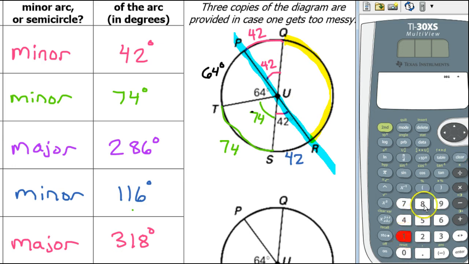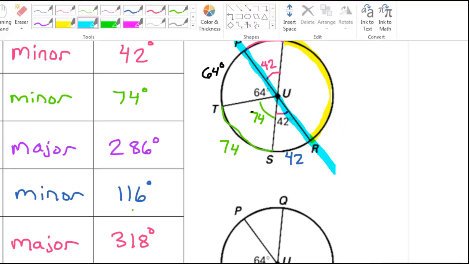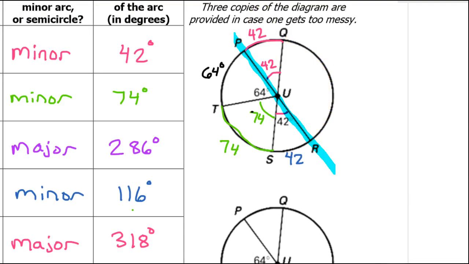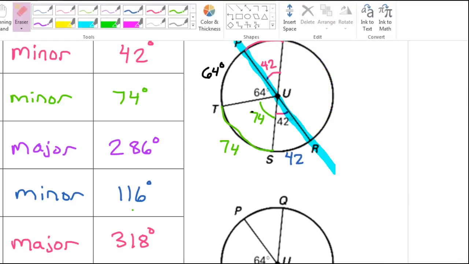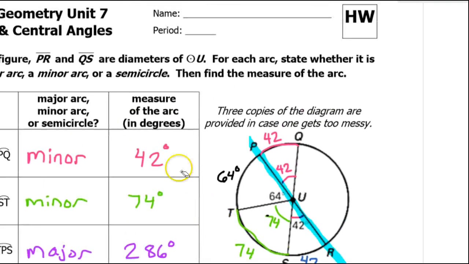So that's why I'm going to go 180 minus the 42, and that's 138. I forget what color I'm doing. What color am I on? Green.